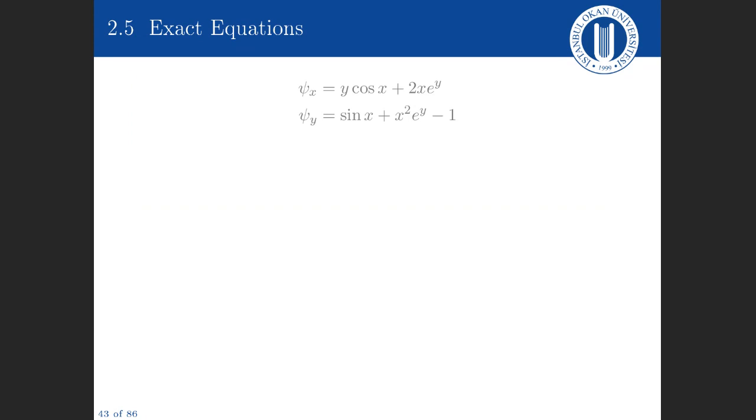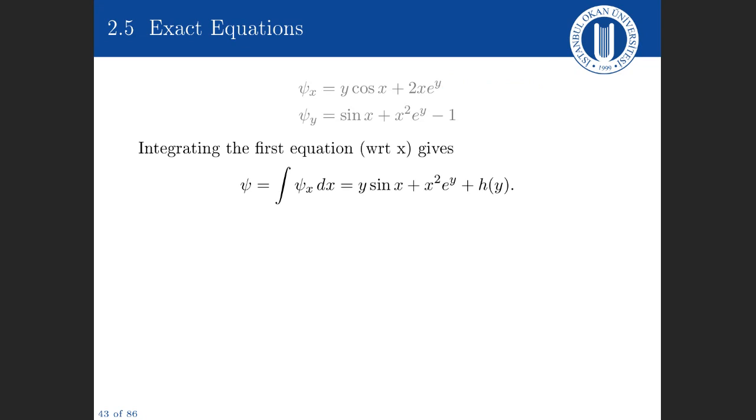We use these two equations to solve the differential equation. We're going to pick one of these equations. It doesn't matter which one we pick. In this example, I'm going to pick the first one. And I'm going to integrate this with respect to x, because if we differentiate xi and we integrate it, we just get xi.